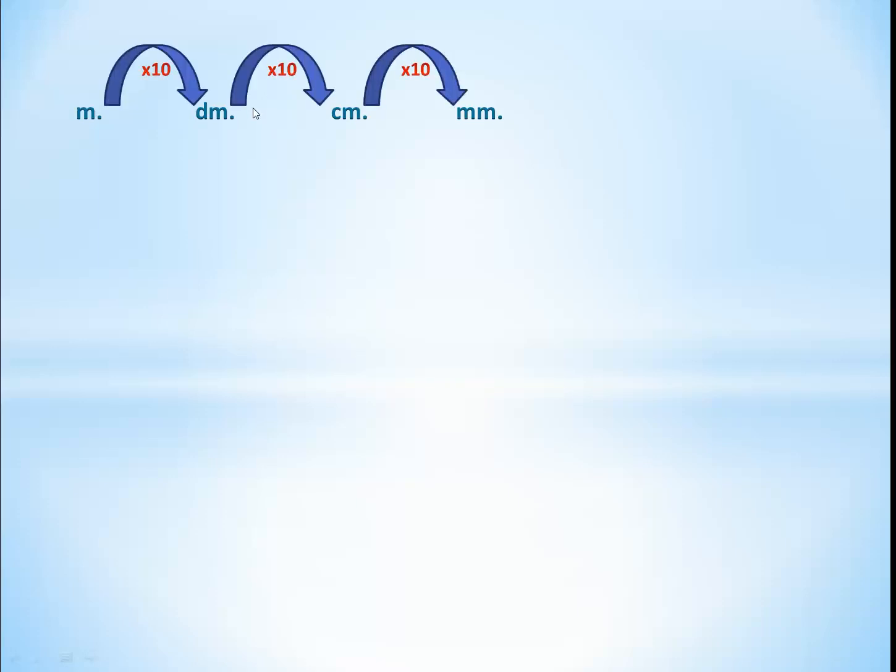To convert from meter to decimeter to centimeter to millimeter, we know that from meter to decimeter we multiply by 10, from decimeter to centimeter 10, from centimeter to millimeter 10. If I go backward, it means divide by 10.